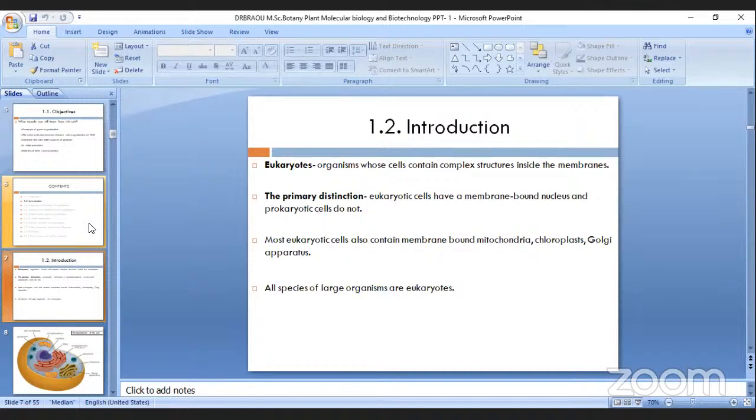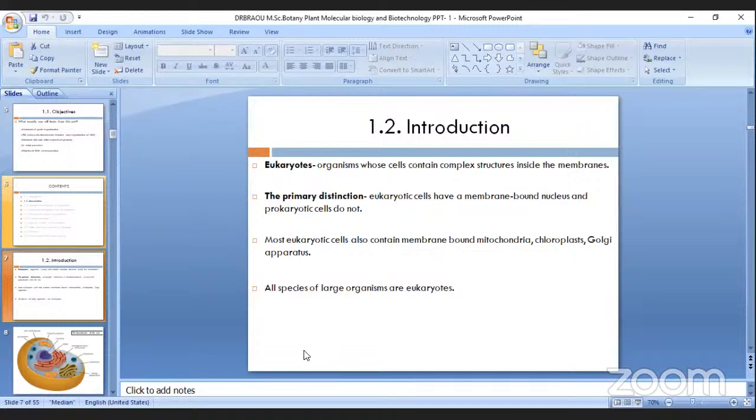Eukaryotes are the organisms whose cells contain complex structures inside the membranes. The primary distinction between a eukaryotic cell and a prokaryotic cell is that eukaryotic cells have a membrane-bound nucleus, whereas prokaryotic cells do not.